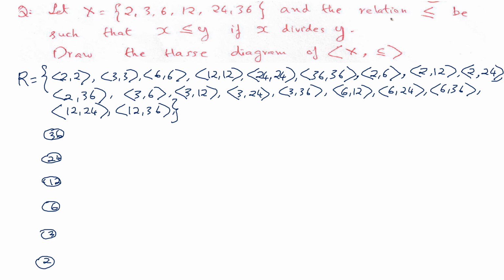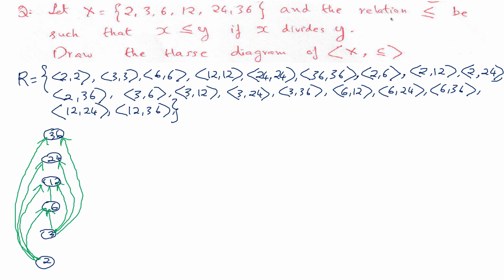Once you do this, the reflexive ones you don't have to draw, because they have nothing to do for us. Up to 2 comma 2 and 36 comma 36, you don't bother, because they are all self, that is reflexive. Now you check from 2 to 6, then 2 to 12, 2 to 24, 2 to 36. Then 3 to 6, 3 to 12, 3 to 24, 3 to 36.